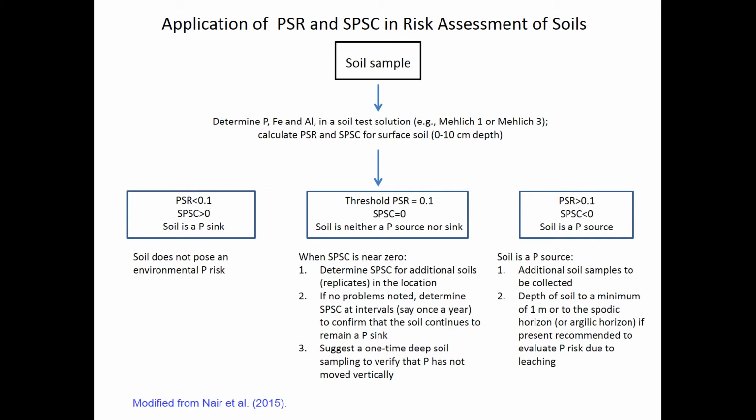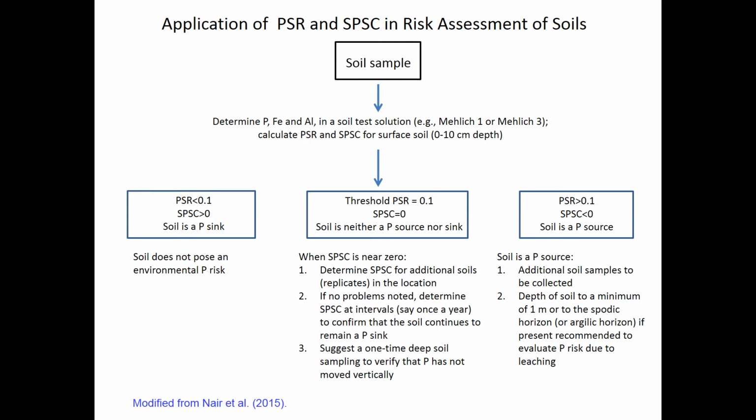But when the threshold PSR is 0.1 and the SPSC is 0, and you have a soil which is neither a P source nor a sink, the recommendation is to determine SPSC for additional soils in the location. And if you notice no problems, determine the SPSC at intervals, say once a year, to confirm that the soil continues to remain a P sink. We'll suggest a one-time deep soil sampling to verify that P has not moved vertically.